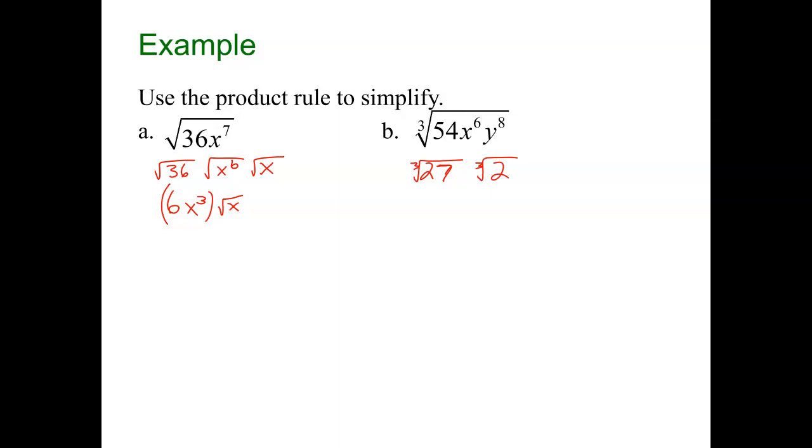Is 6 divisible by 3? Yeah. Cube root of x to the 6th. What about y to the 8th? Is 8 divisible by 3? No. So, the biggest number smaller than 8 that is divisible by 3 is 6. So we'll have the third root of y to the 6th, and then we'll be left with y squared.